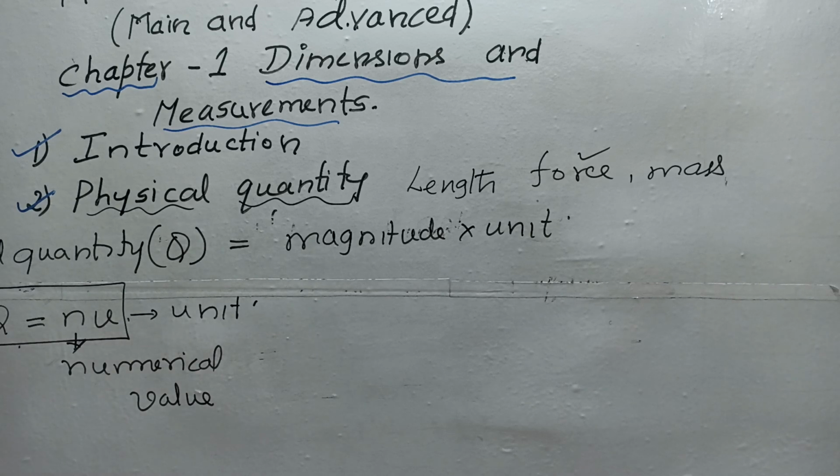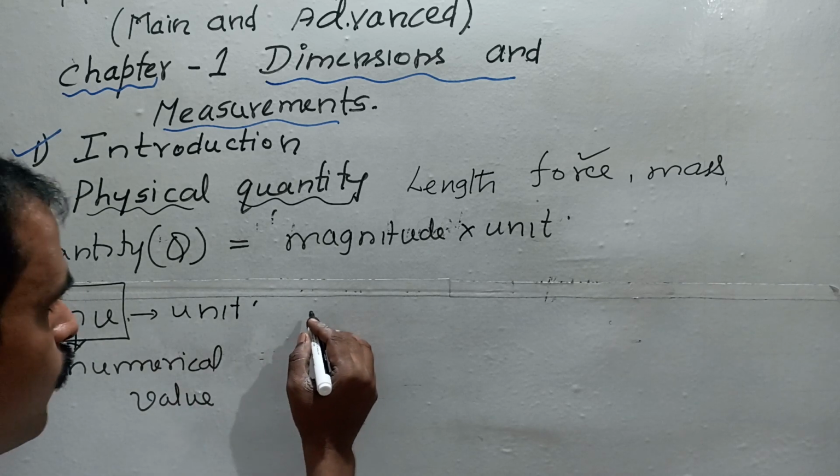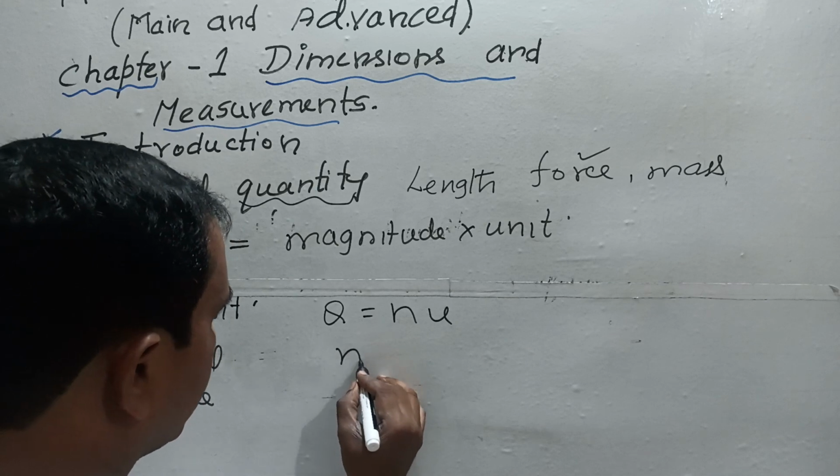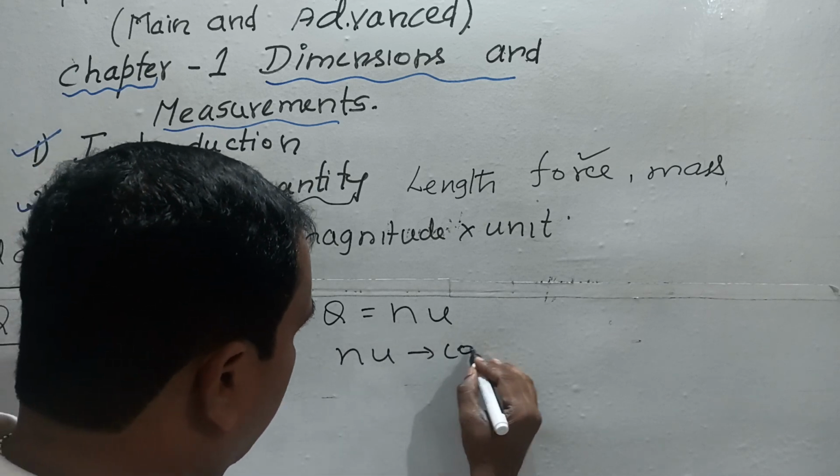Now let us move towards what about that physical quantity. For the product Q is equal to N into U, the product of N and U remains constant.